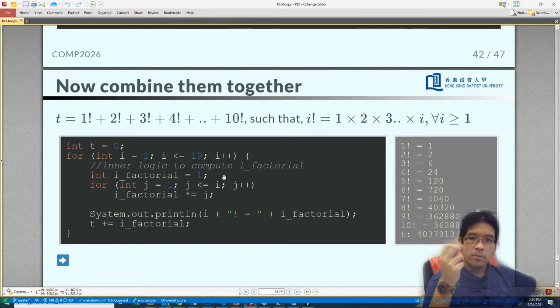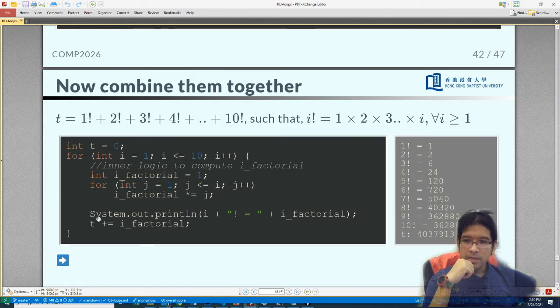If i equals 5, then we know what 5 factorial is using this code. So this example tells us how we compute 1 factorial, 2 factorial, 3 factorial, and so on, so that we have 1 factorial to 10 factorial.